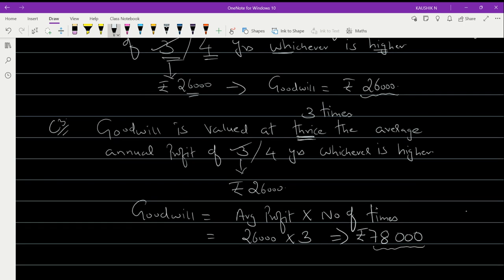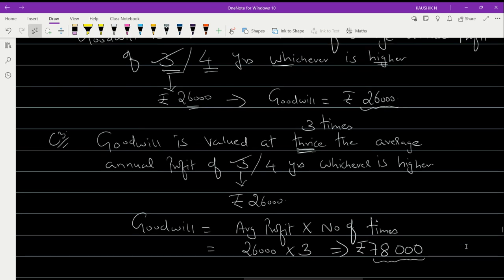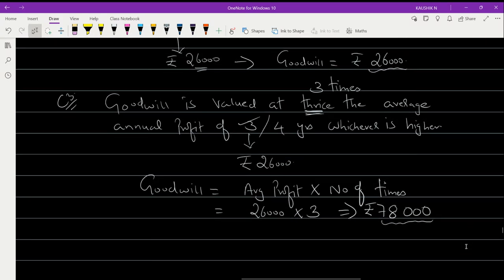Now tell me, among these three values, which is greater? 78,000, which comes under case 3. So as an accountant, you will be recommending case 3 for calculation of the firm's goodwill, because that gives you the most goodwill.